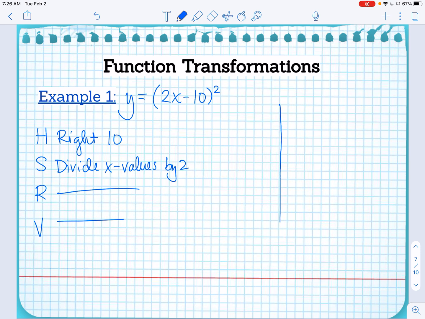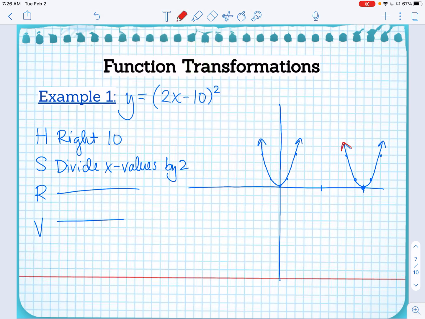So I'm going to start by making a parent function. My parent has this curved parabola shape to it. And then I'm going to shift the whole thing right 10. And then I'm going to divide the x values by 2.